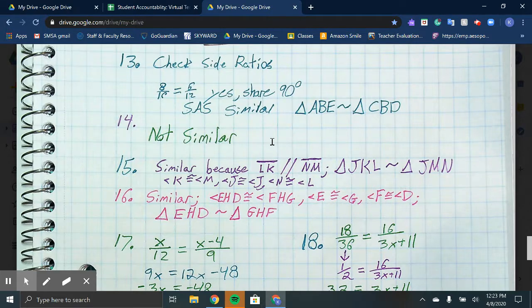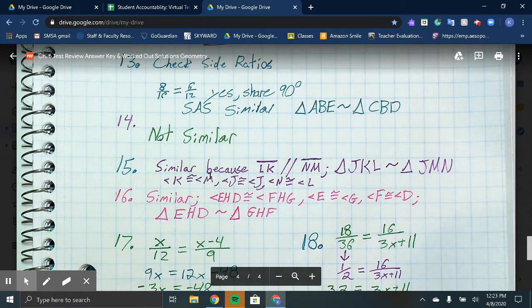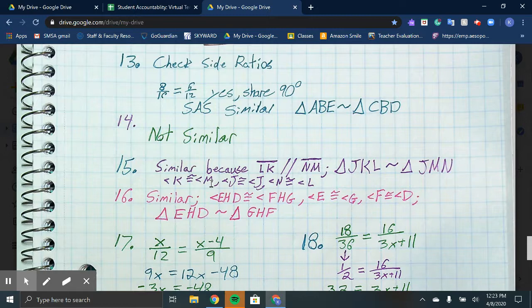If we look at 15, they gave us side LK was parallel to NM. That's what those arrows on the sides mean. So what I know in that case, if those two sides are parallel, is I know angle K is congruent to angle M, because those are corresponding angles.